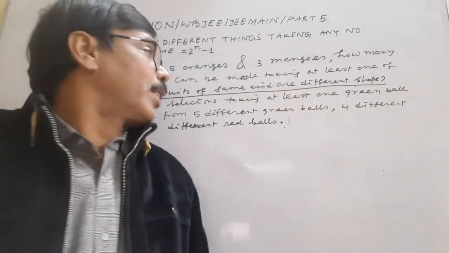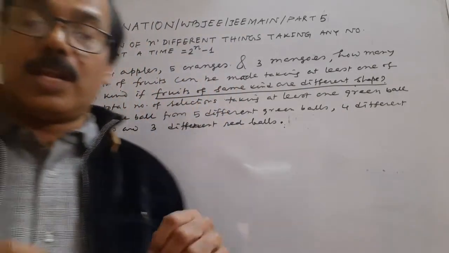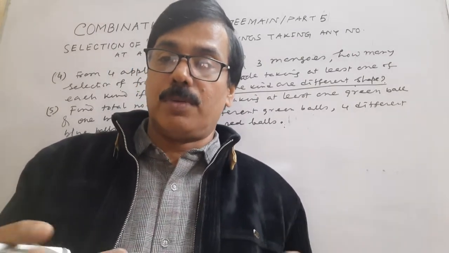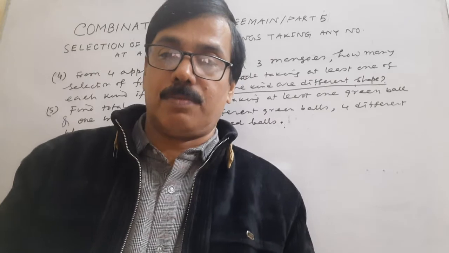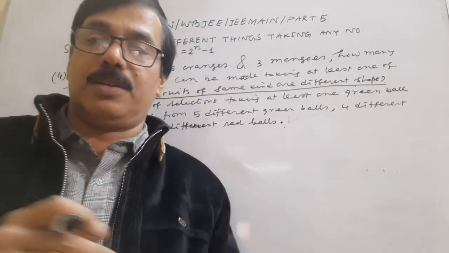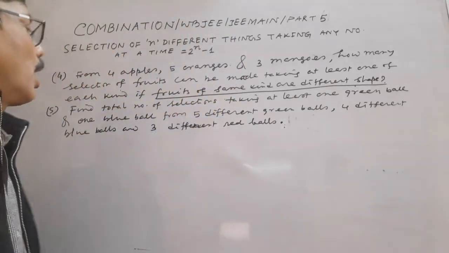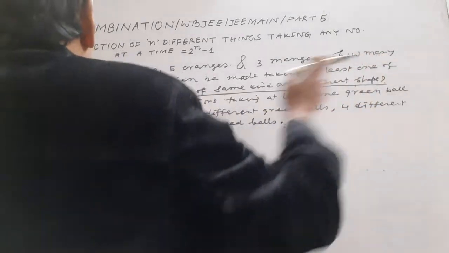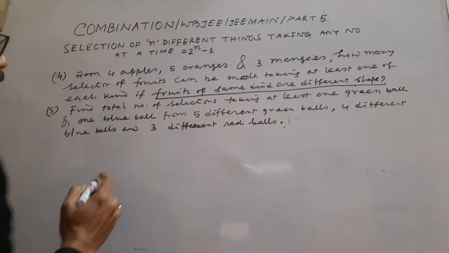So apples, they are of different shapes, so we can recognize one apple from another apple. That is, they are different. And note one piece of language here, at least one of each kind.